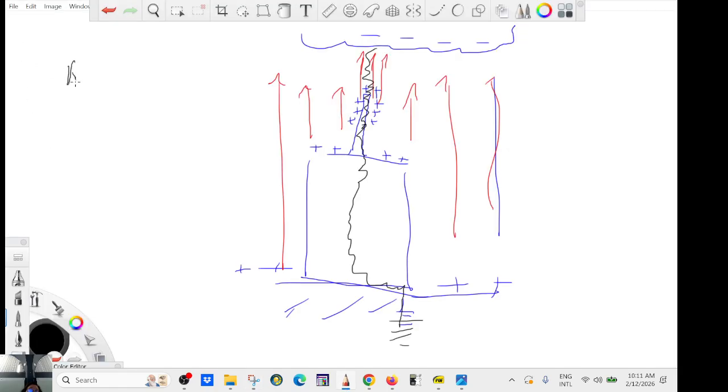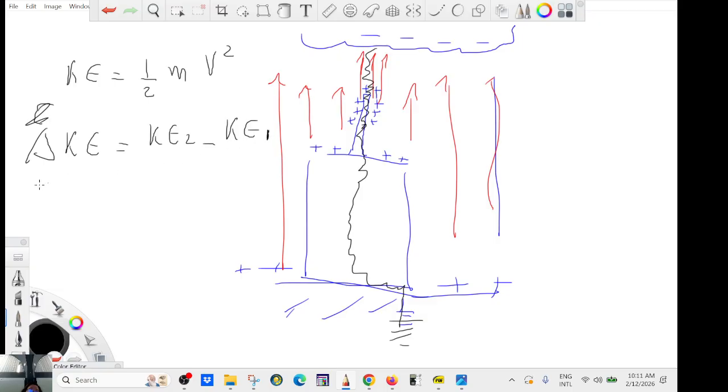So kinetic energy is 1/2 the mass times the speed squared. So the change in kinetic energy is going to be kinetic energy after minus kinetic energy before. So it's going to be 1/2 the mass, the speed after squared, minus 1/2 the mass, the speed before squared.